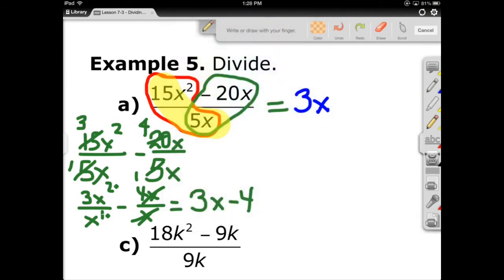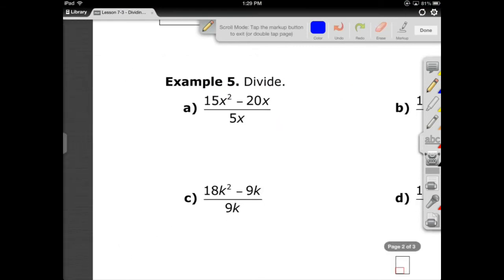There we go. And then I would have looked at this, like that. And I would have said, okay, so what we're left with, I've got my 3x, and negative 20 divided by 5 is minus 4, and the x's cancel. That's in one step. So if you can see that, you can do these questions with a lot of efficiency, and you could sort of pick up your pace a little bit.